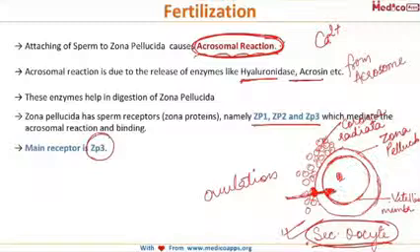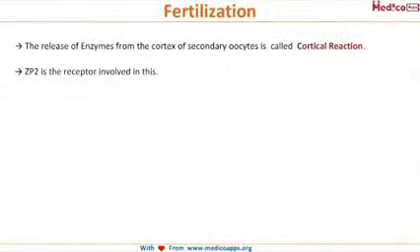Now once the sperms have entered the secondary oocyte, it causes the release of cortical enzymes from the secondary oocyte and this is called cortical reaction. And the receptor involved is ZP2. Now remember, the main receptor involved in acrosomal reaction is ZP3 and the main receptor involved in cortical reaction is ZP2.